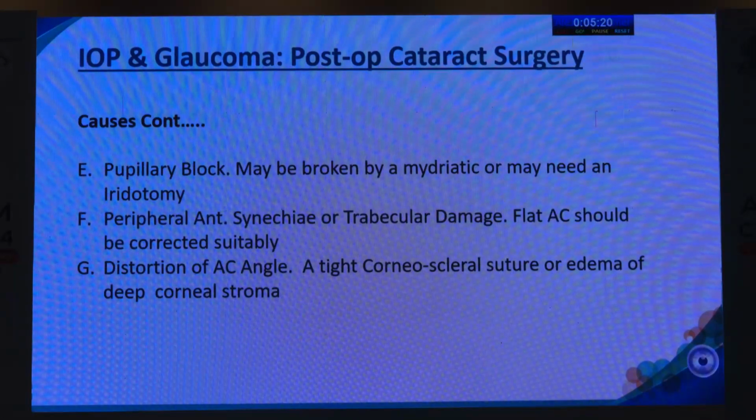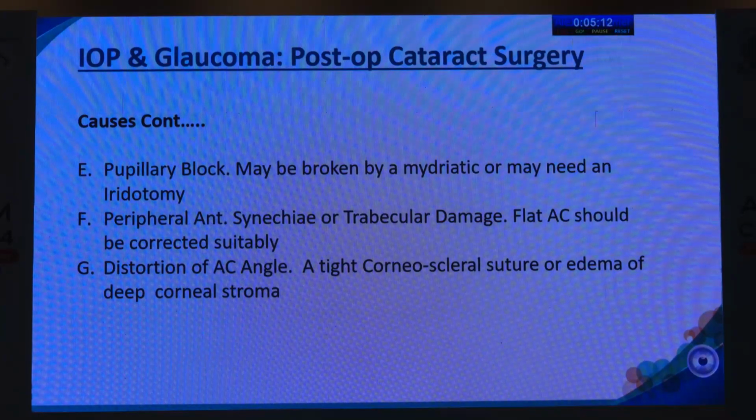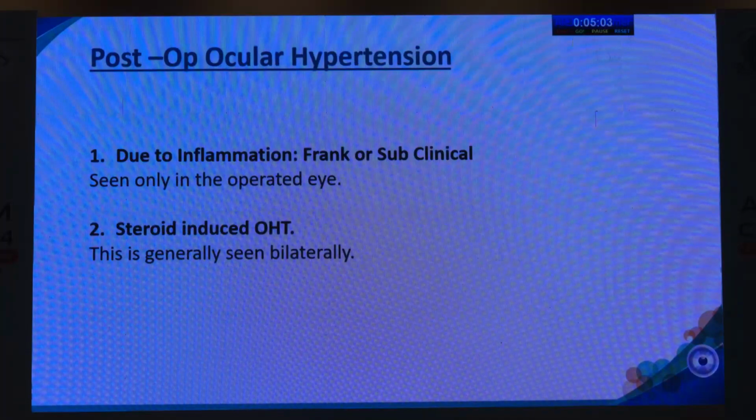Pupillary block may be broken by a mydriatic or may need an iridotomy. Peripheral anterior synechiae or trabecular damage may be the cause. A flat AC should be corrected suitably, as should distortion of the AC angle, a tight corneoscleral suture, or edema of the deep corneal stroma.